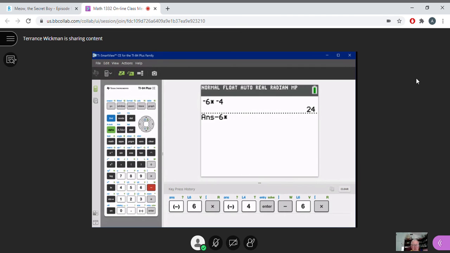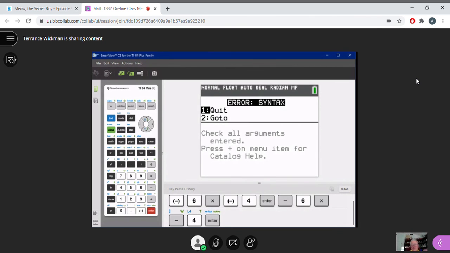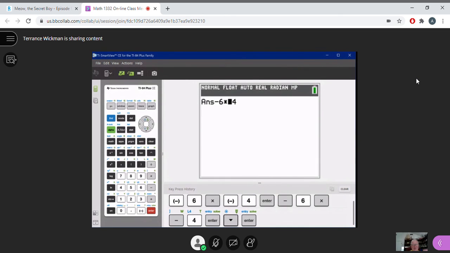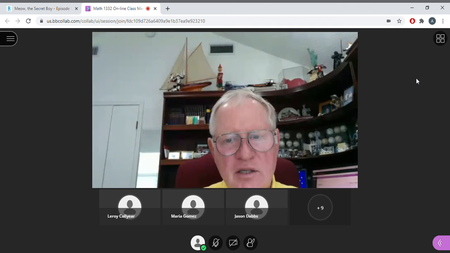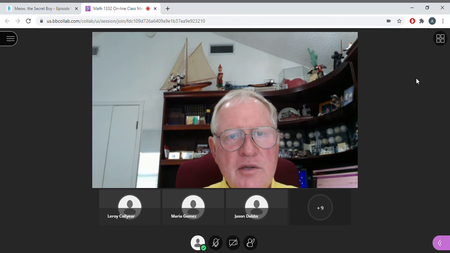Let's see what happens here. I can't do it because it doesn't read it as negative. So it gives you a syntax error. If I want to go backward to the problem, I just go back down, hit enter again, it'll bring it back to me. So I hope that made sense. Your negative sign is right next to the enter on the left. Right. That's an important thing to remember. Okay, so that's that.